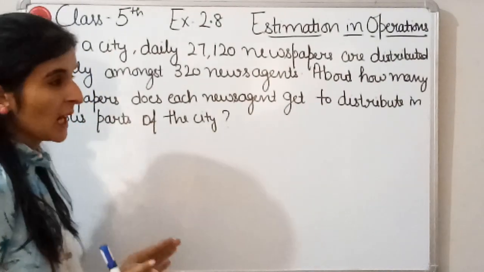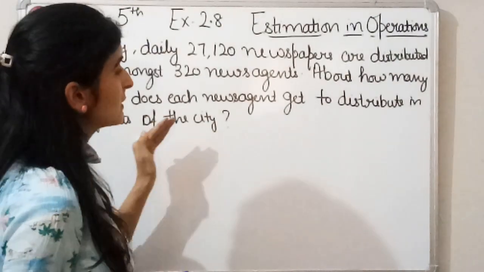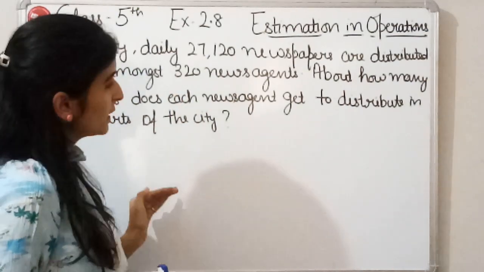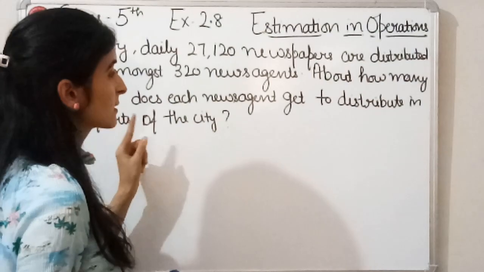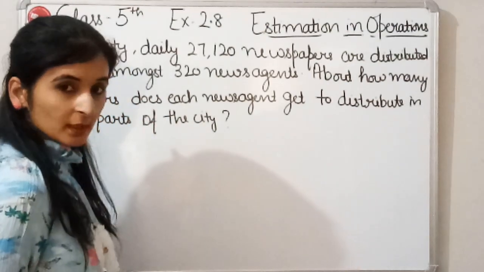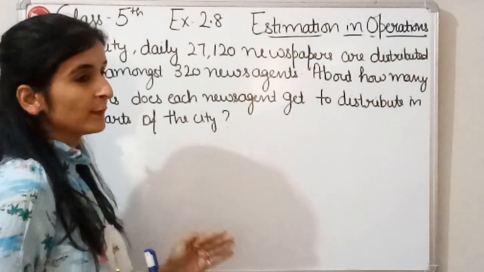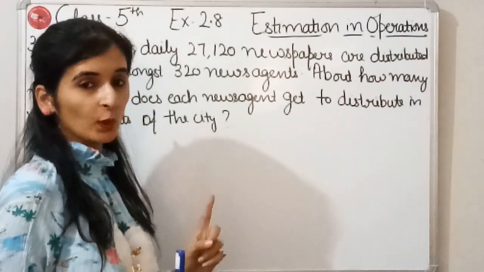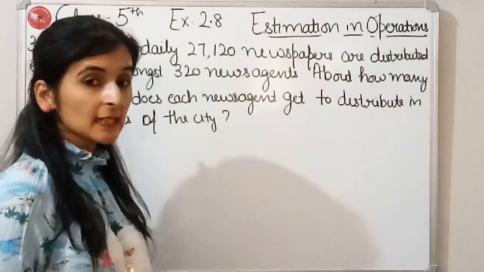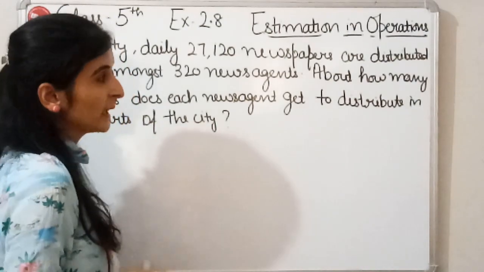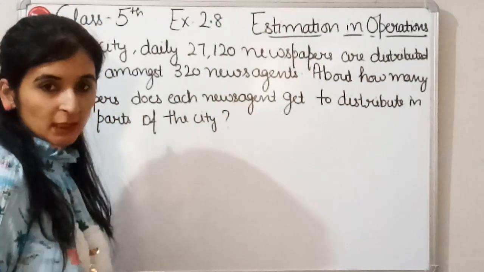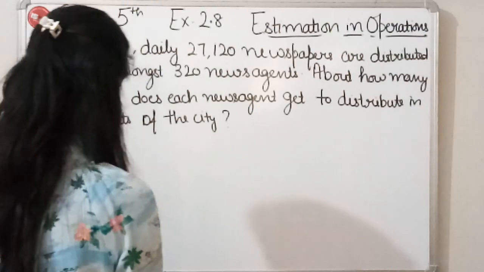So we have been given the newspapers got by 320 news agents. Then we have to find out the newspapers got by one news agent. Fine. So if we have been given for many and we have to find for one, then what do we do? We always do division. But before doing that division, we have to round off these two numbers. So let us start doing this.